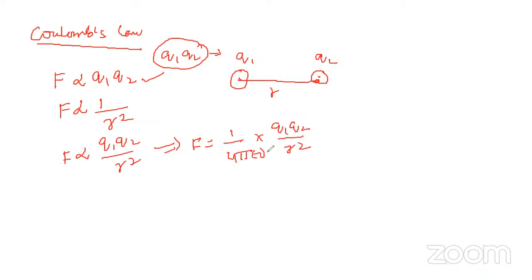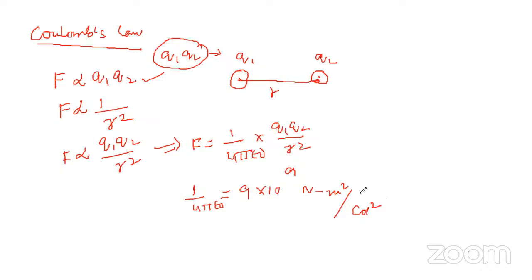Here, the value of 1 by 4 pi epsilon naught is equal to 9 into 10 to the power of 9 Newton meter square per Coulomb square.